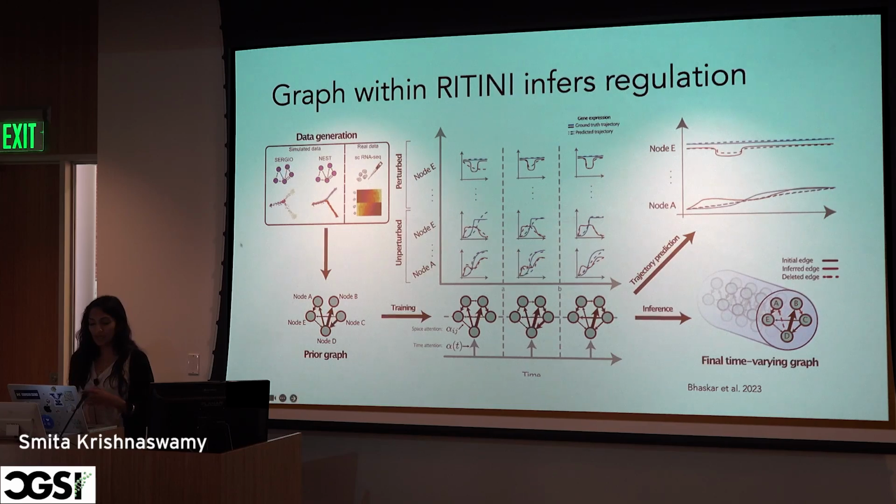What it's doing as it's doing that is it has a mechanism called attention, which is the same mechanism used in LLMs and transformers. So when predicting the value of one gene, you look at the values of other genes. And that's how, regardless of what graph, even an uninformative graph we input to the network, we can come out with an idea of the changing regulatory network that's operational in the cell.